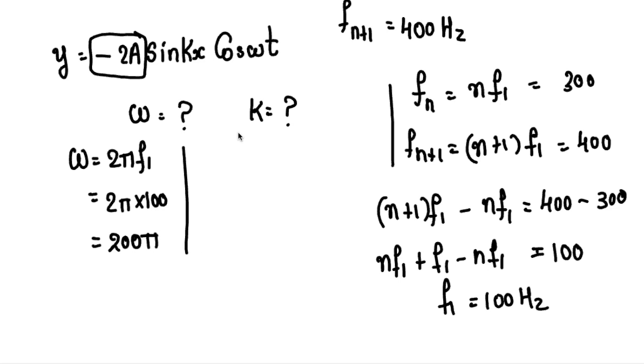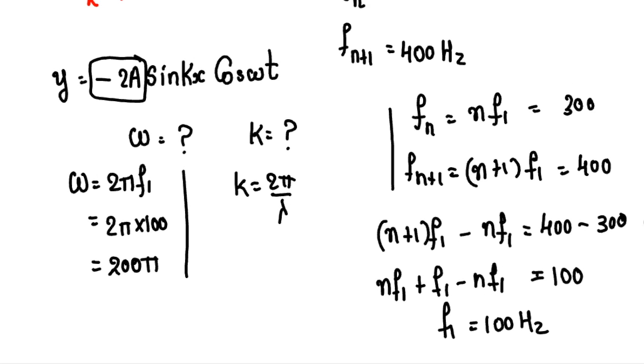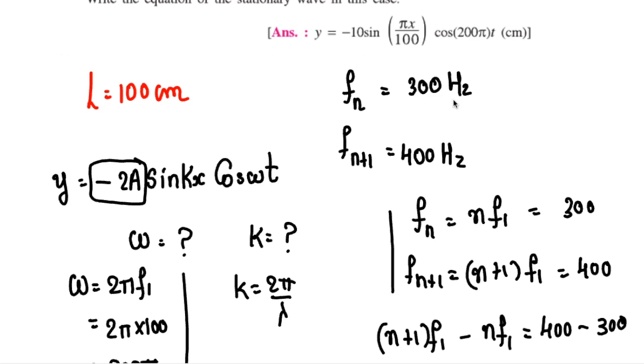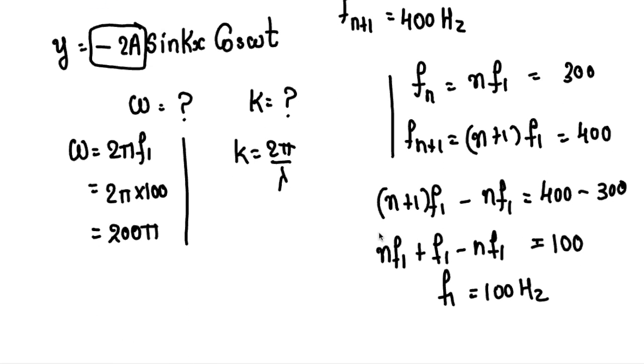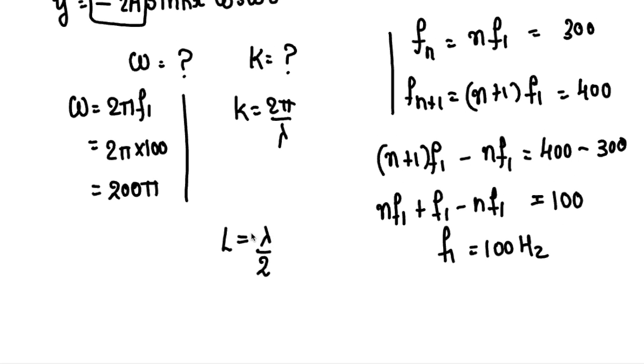I have got omega. Now my goal is to find k. K is equal to 2 pi by lambda. Now I have the length, and I know that L is equal to lambda by 2, or we can say n lambda by 2. For fundamental frequency n equals 1, so it is simply lambda by 2.